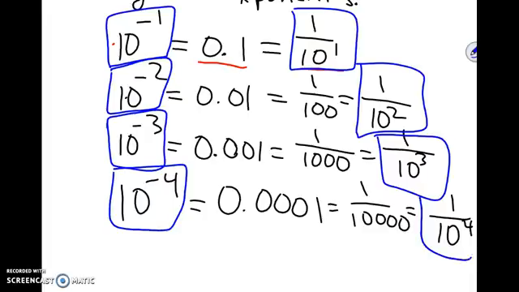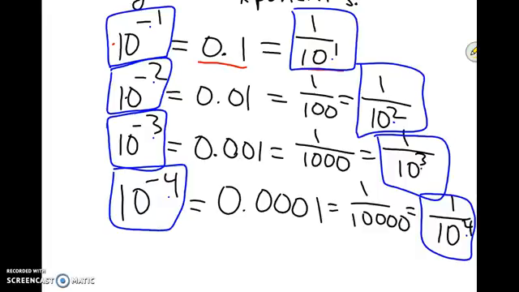We have 10 to the negative 4, and that equals 1 over 10 to the 4th. So I see a negative exponent, positive exponent. Negative 2, positive 2. Negative 3, positive 3. Negative 4, positive 4.